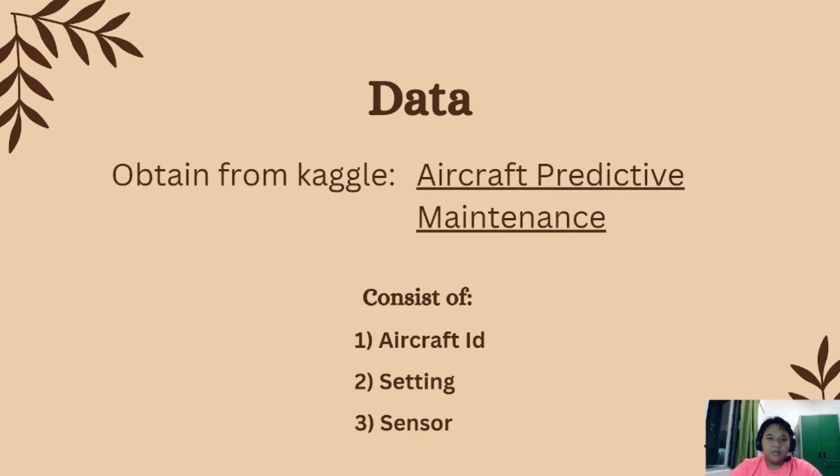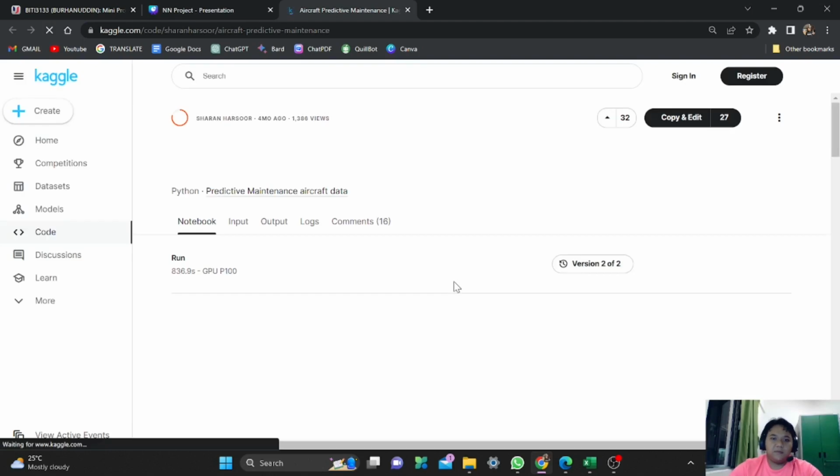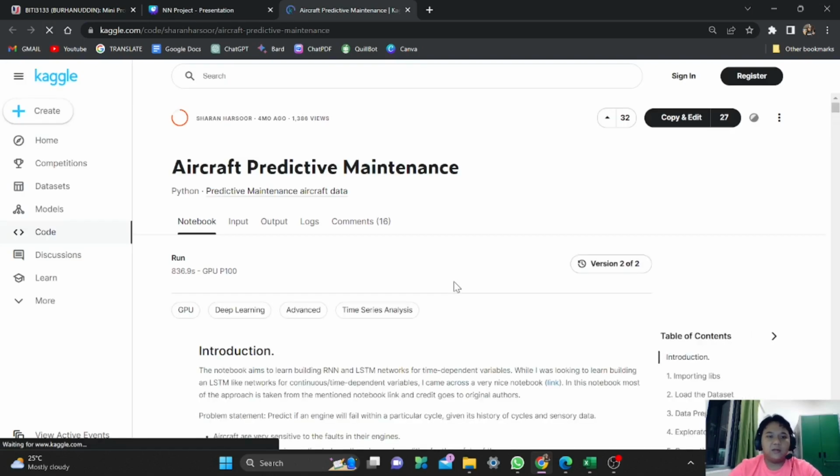We obtained this dataset from the Kaggle website, where I have placed a hyperlink that will direct us straight to the website. The name of the dataset that we use is the Aircraft Predictive Maintenance dataset.